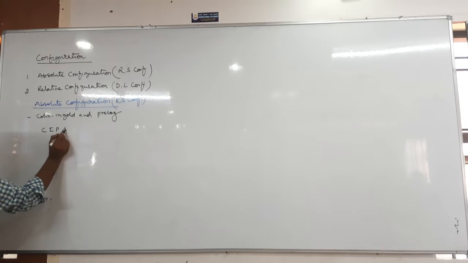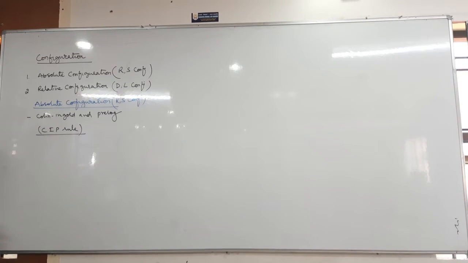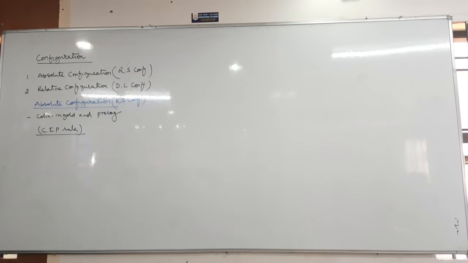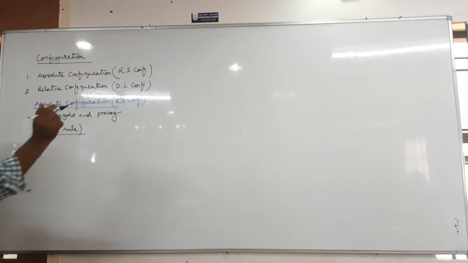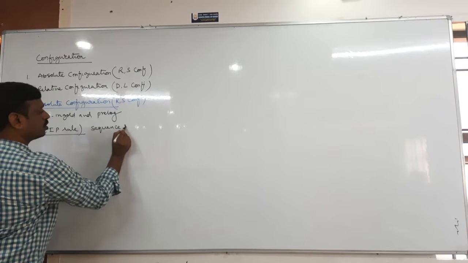What are the CIP rules? Cahn-Ingold-Prelog rules, developed by Cahn, Ingold and Prelog. CIP rule or systematic rules, also called sequence rules.